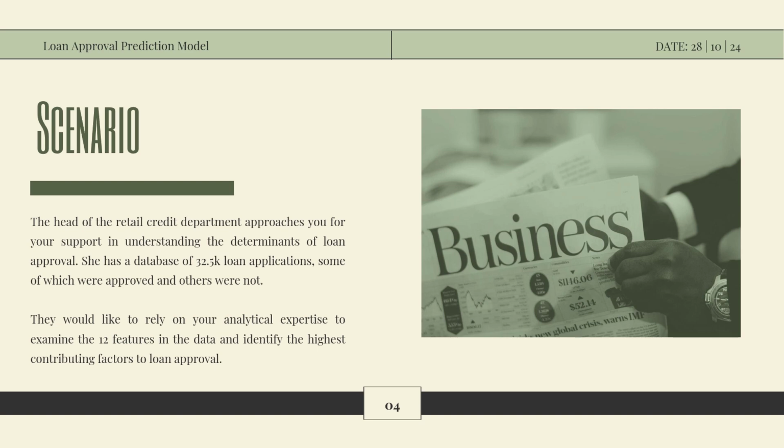So, what's our scenario today? Well, imagine you're working at a certain bank or a financial system consultancy firm, and the head of research or the head of the retail credit department comes to you and asks for your support as a data analyst to help them understand the dynamics of loan approval and what determines loan approval, or the most impactful characteristics, let's say.